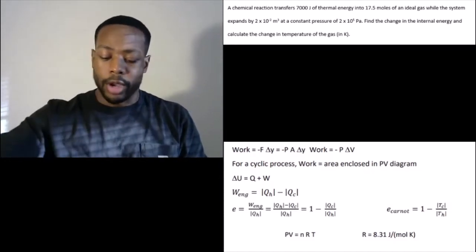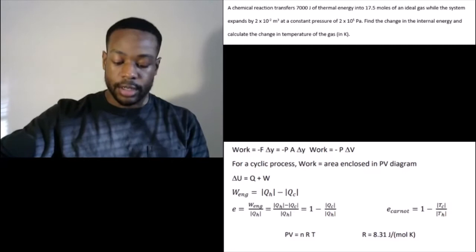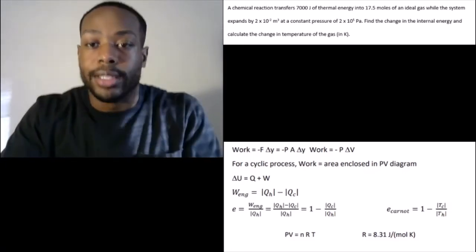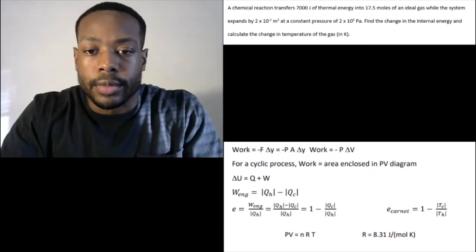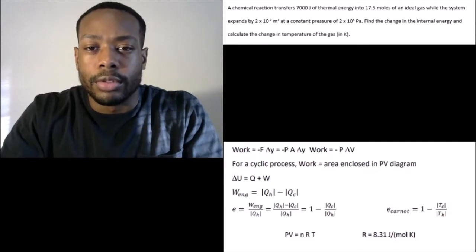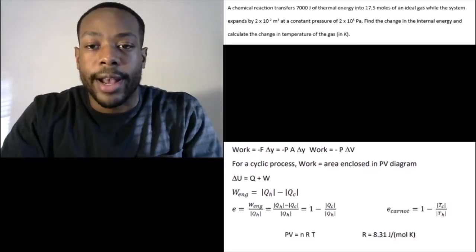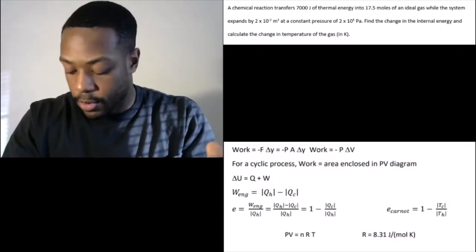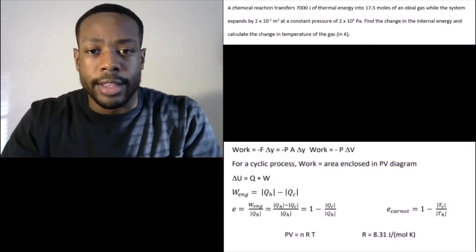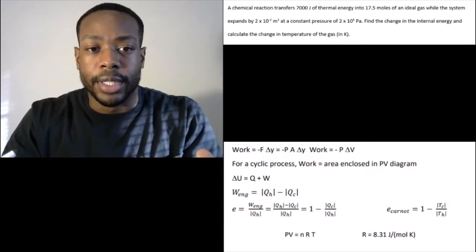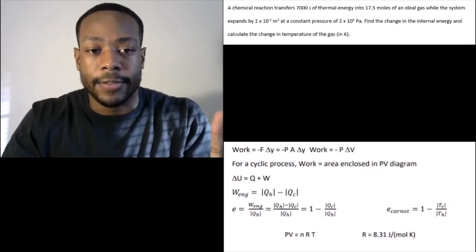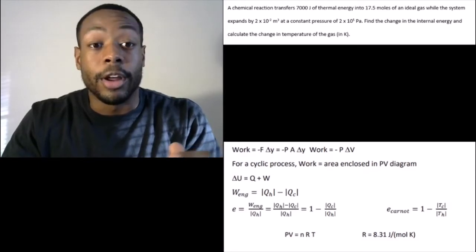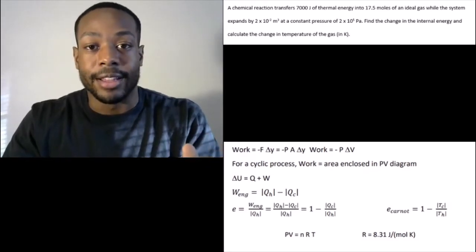And we already know what Q is, right? The 7,000. So we've got a transfer of 7,000, and we've got an expansion of 4,000. So the expansion is going to be negative, and then the transfer is going to be positive.